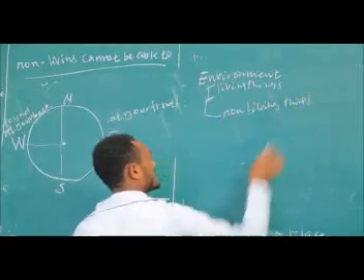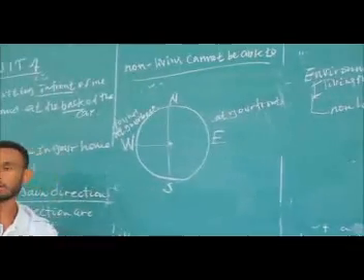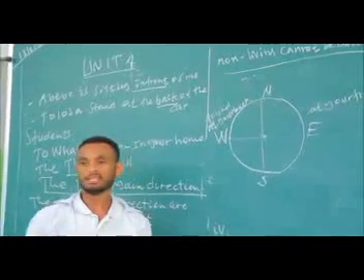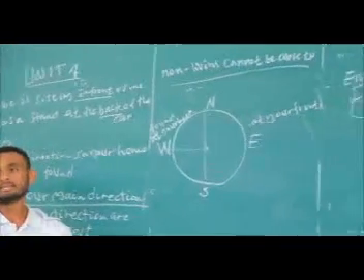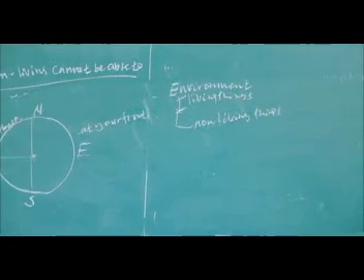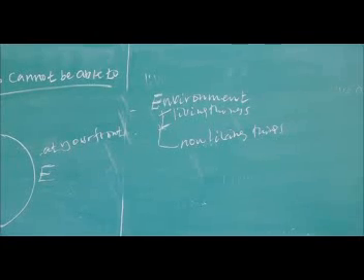Non-living things are things which cannot take food or move. They cannot move from one place to another. They cannot take food. They cannot breathe. They cannot drink water. This is the character of non-living things.